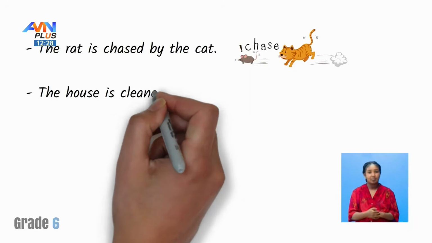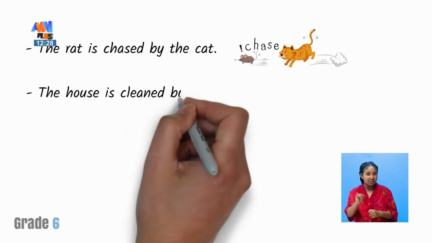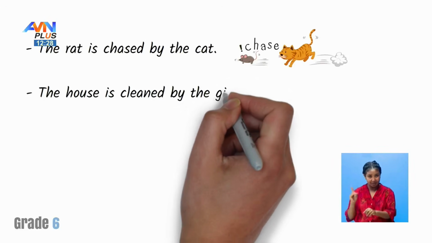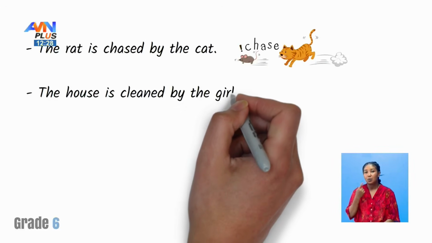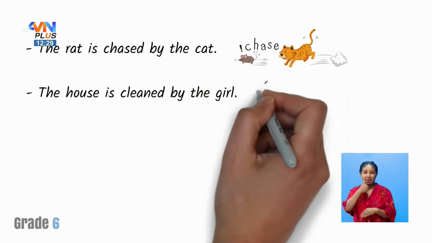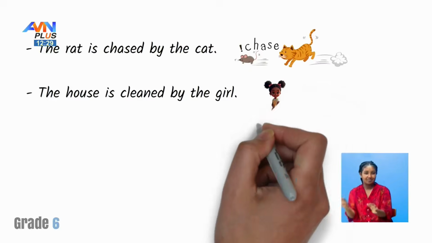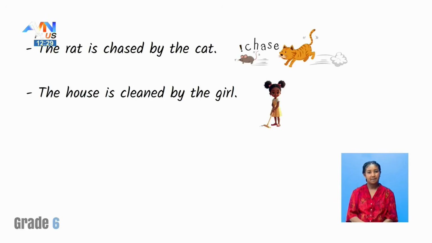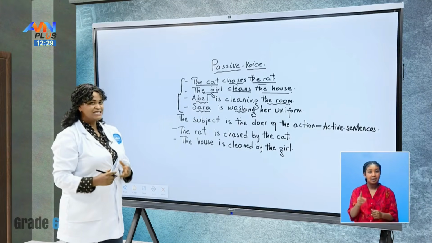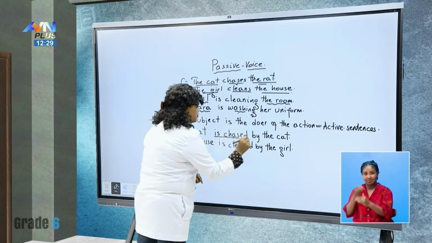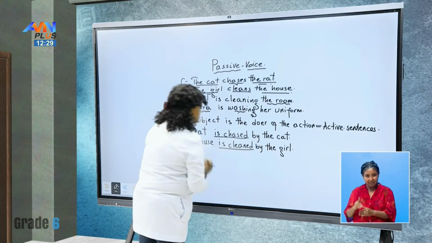Okay, the house is cleaned. The house is cleaned by, who is the subject over there? It is the girl. Now the girl is going to be an object, by the girl. Okay, the house is cleaned by the girl. Give attention to this pattern. Is chased, is cleaned, okay?